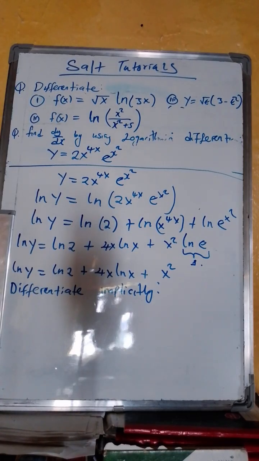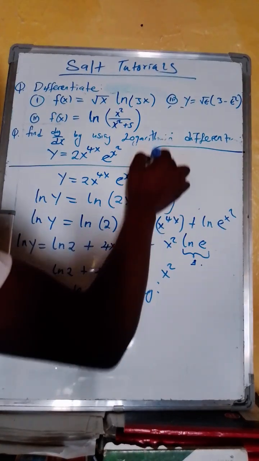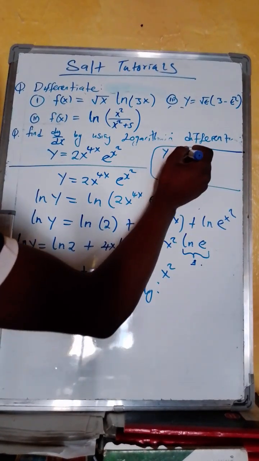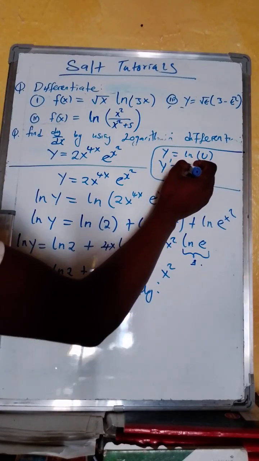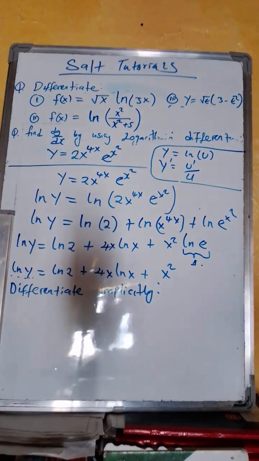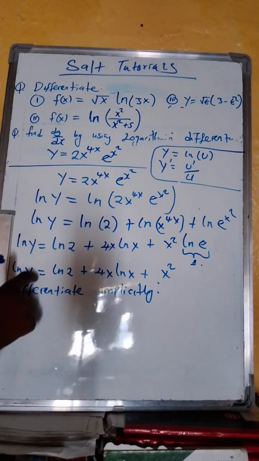So we'll differentiate all the terms, starting with natural log of y. Remember, how do we differentiate natural logs? I've been preaching about this. If y equals the natural log of u, then y prime is equal to u prime over u. So natural log of y means we're differentiating y.